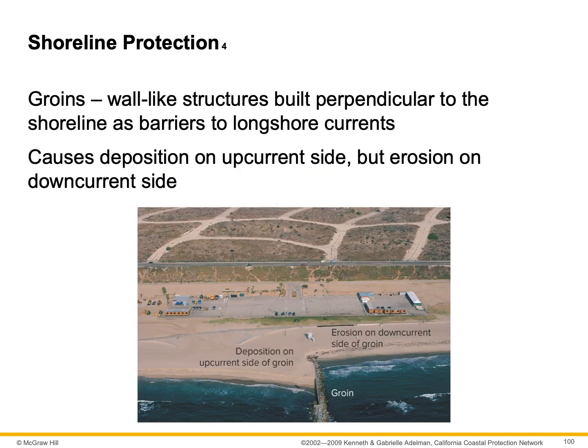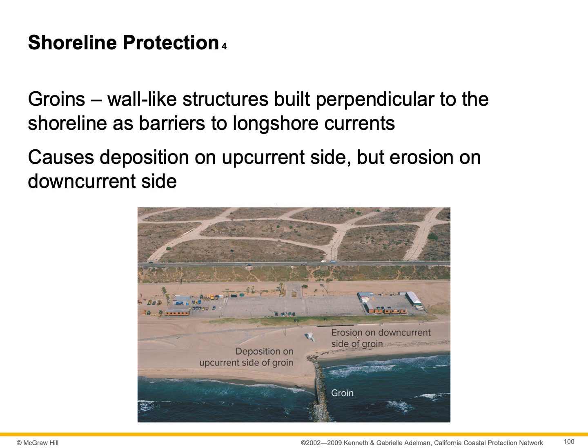A groin can be built, which is a wall-like structure built perpendicular to the shore, and they are barriers to longshore currents. It causes deposition on the up-current side, but erosion on the down-current side.